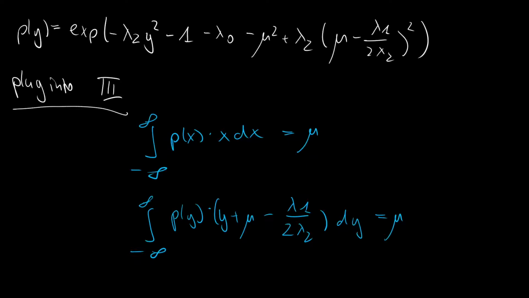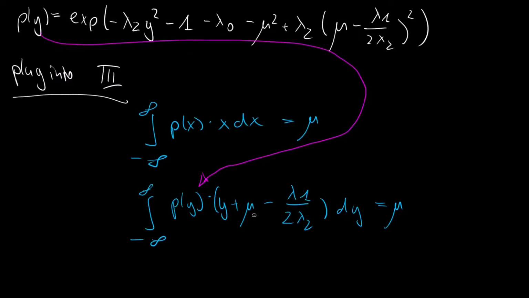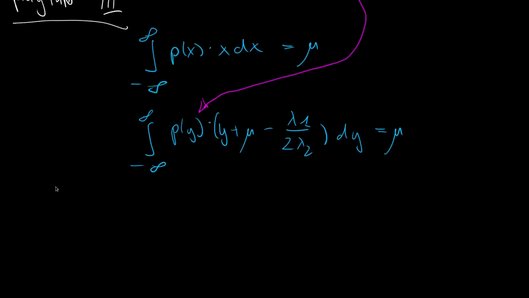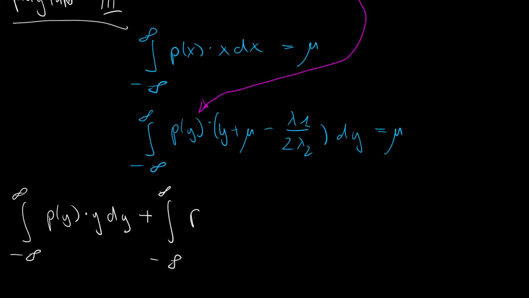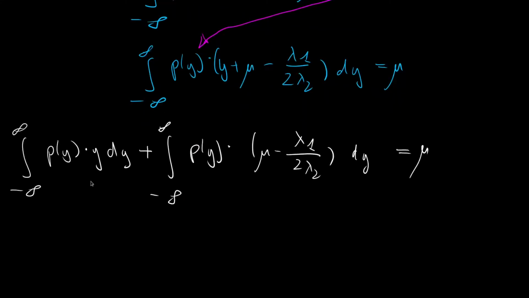And then we can of course plug in our p of y here, but this won't help us much because then we are kind of stuck with an integral, and for this we will first make some splitting of the integral into two parts, and we are getting the integral from minus infinity to plus infinity over p of y times y dy, plus the integral from minus infinity to plus infinity over p of y times mu minus lambda 1 over 2 lambda 2 dy, and this has to be equal to mu. And what we see here are two integrals that we can actually solve, and the first one will be 0.